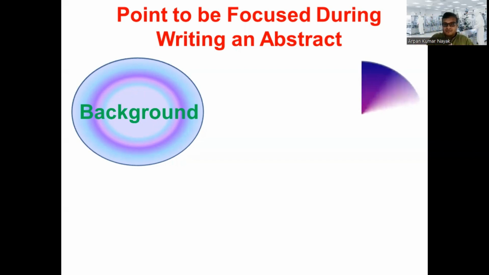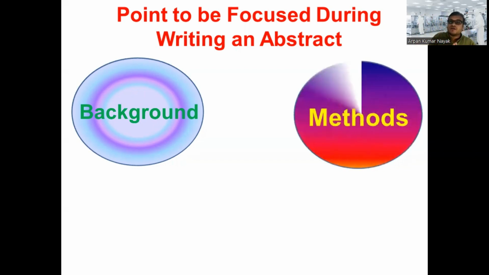So the first 2 sentences should be background. Second, we have to focus on methods. Don't think that it means all the experimental procedure; only the particular main, major method you applied, and that should be 1 line.